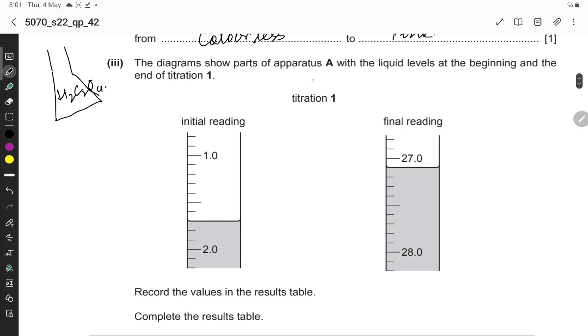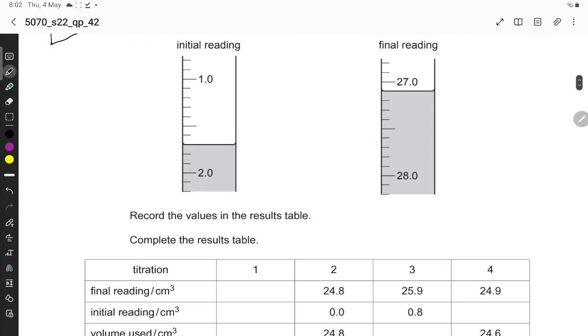The diagram shows parts of apparatus A with the liquid levels at the beginning and at the end of titration 1.